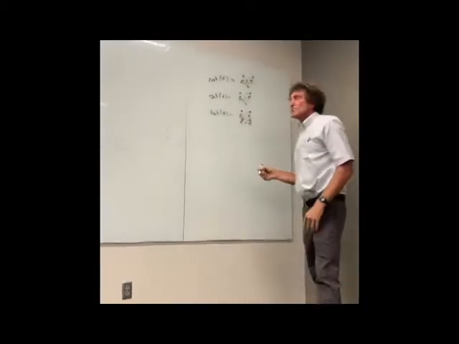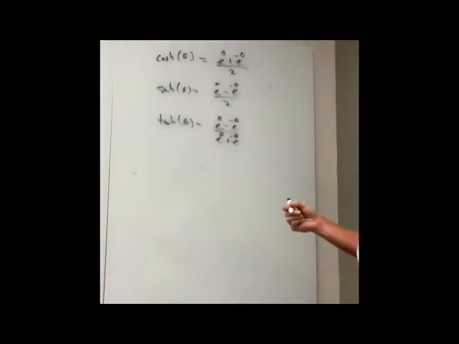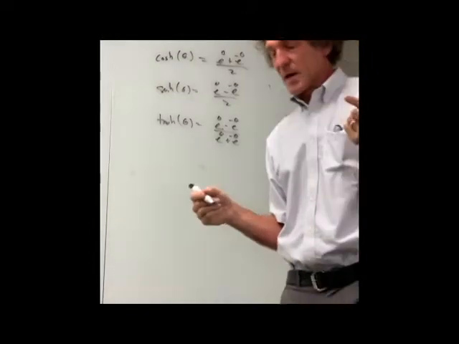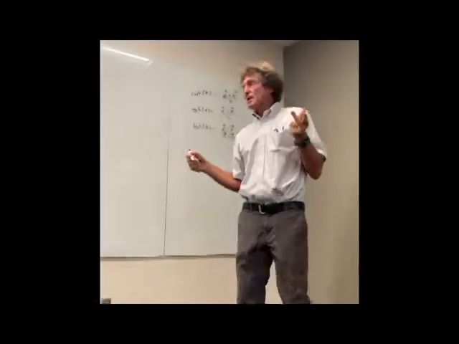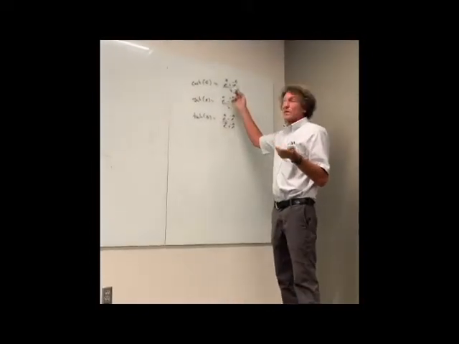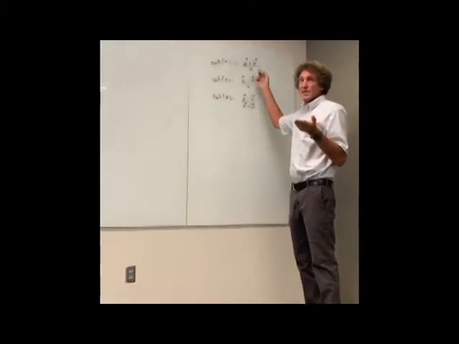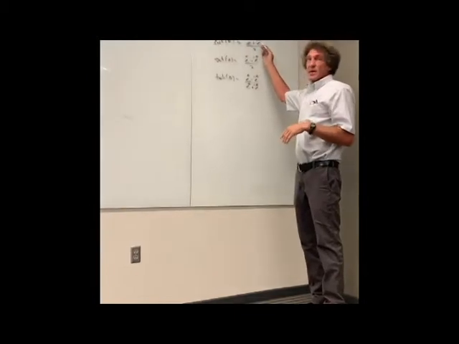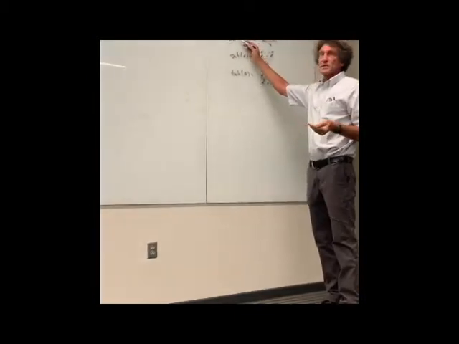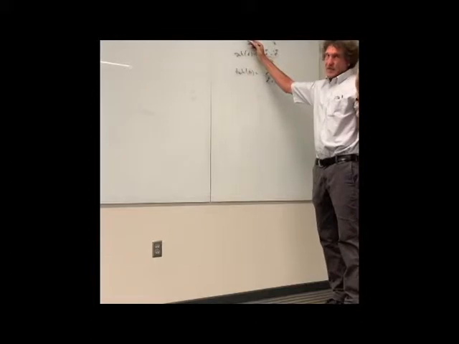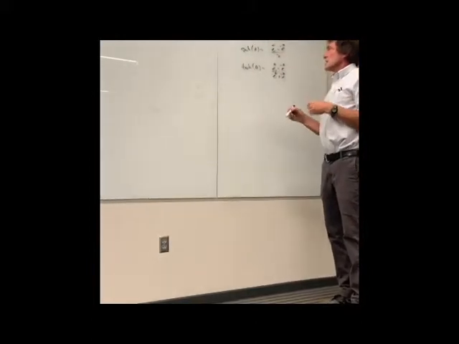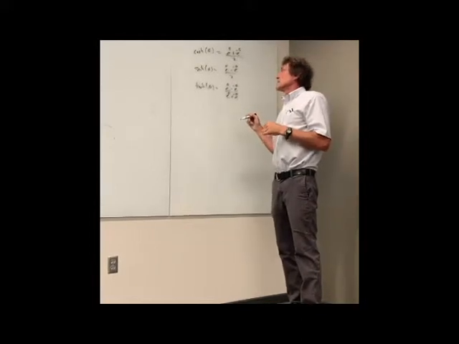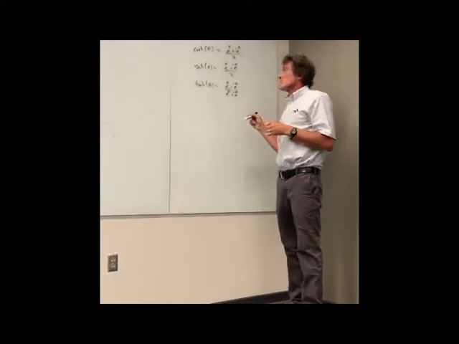These are very similar to the formulas you get from Euler's identity for sine, cosine, and tangent. Remember, for cosine, it's e to the j theta plus e to the minus j theta over 2. Here, you get rid of the j. The h signifies it's hyperbolic. For sine, the regular one, it was e to the j theta minus e to the minus j theta over 2.